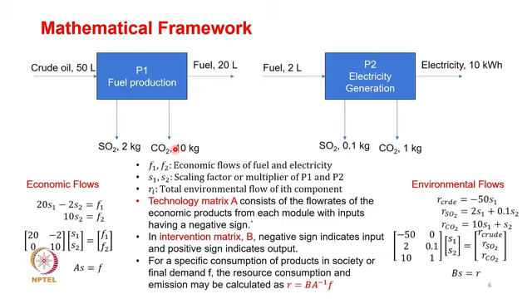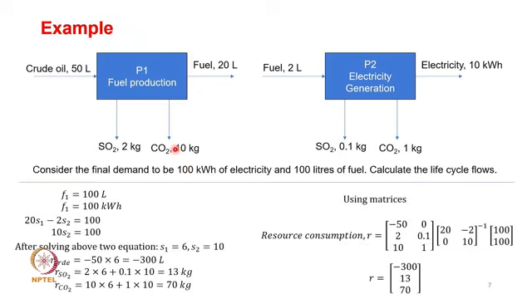Now move on. The example stays the same. Now you say that the final demand is 100 kilowatt hour and 100 liters of fuel. So then how do we do this now? Previously we did the same by means of hand calculation.